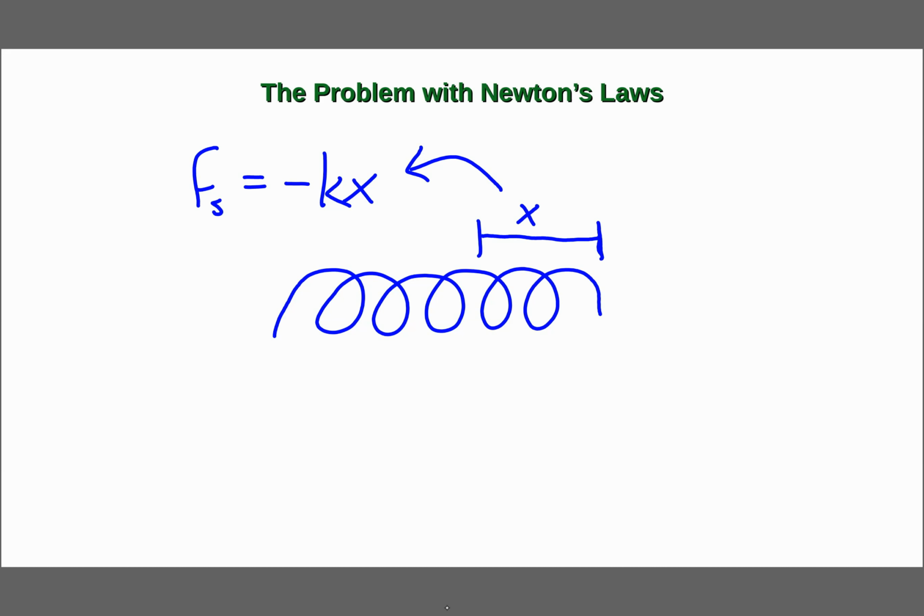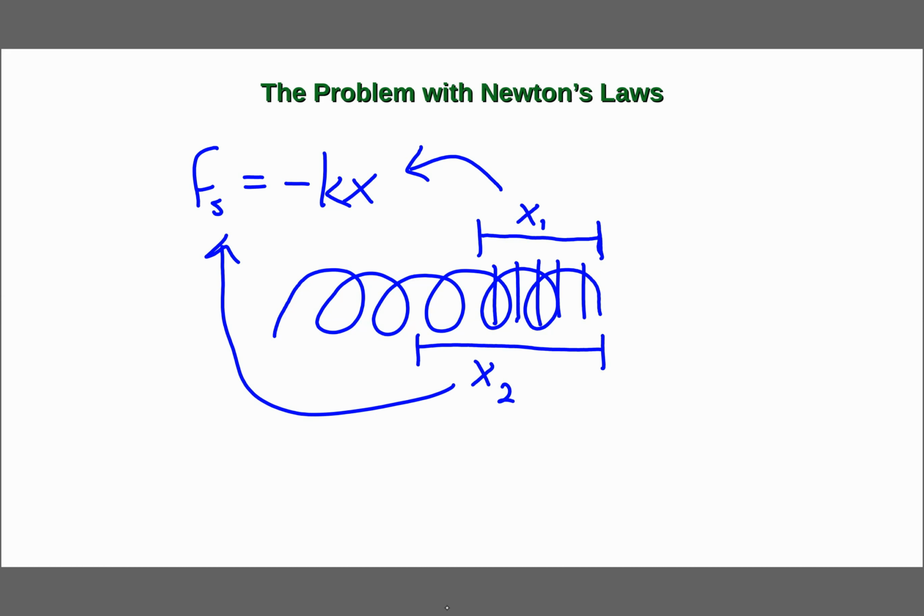And when I compress it this far, I get some different force. And when I let it go from one of these compressions, at every point along the way as it stretches back out to its equilibrium point, I have a new force, right? So after I let it go, the force is always changing.